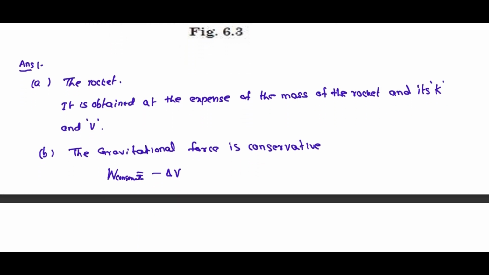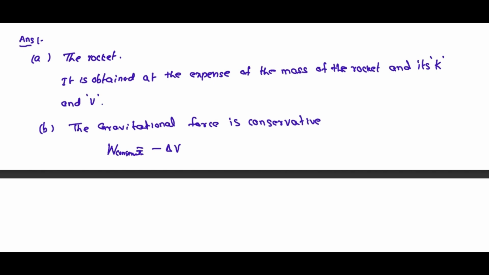And here for one complete orbit, over a complete orbit of any shape, delta V is equal to 0. Here V represents potential energy.